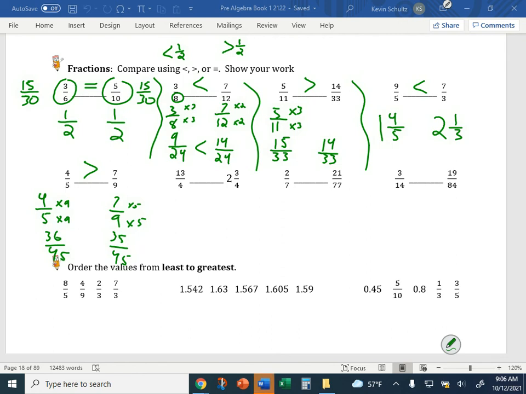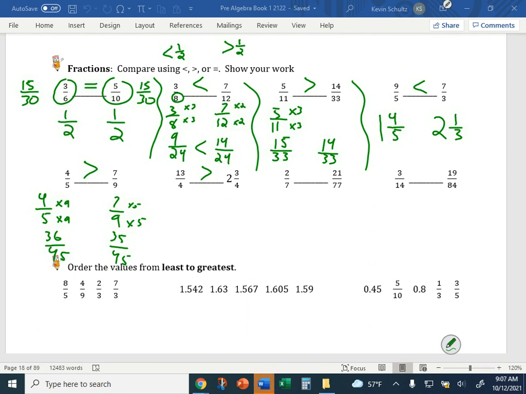13/4 and 2 3/4. What'd you come up with for that? And how'd you find it, Blake? Why is 13/4 greater than 2 3/4? Common denominators, okay? And they're already common. So how did you use common denominators here?